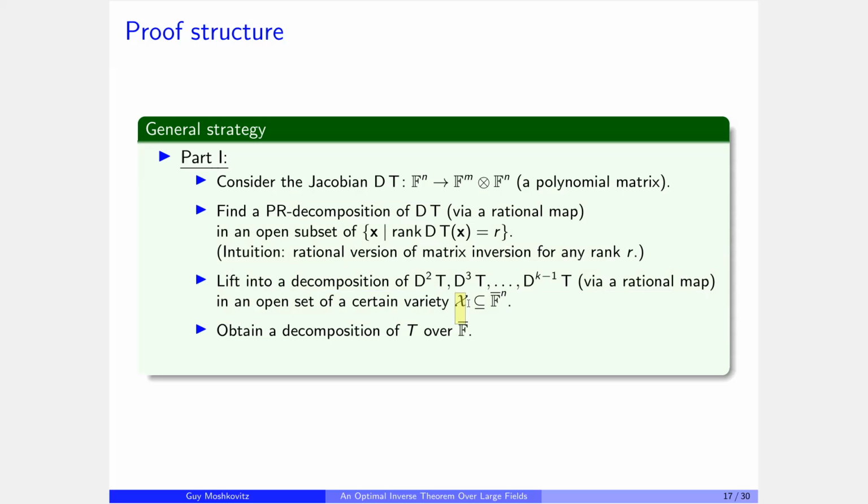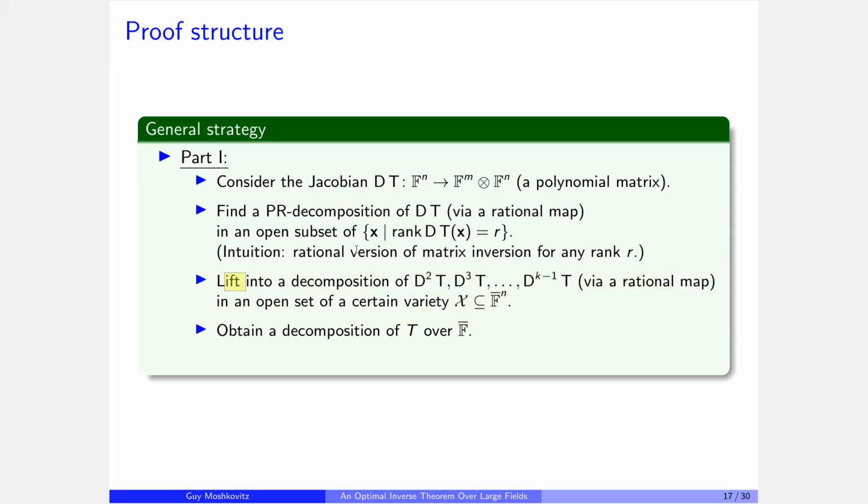A particular irreducible variety, let's call it X for a second, calligraphic X. And restricted to that variety, so if we're only talking about inputs that come from this variety, we are going to take this matrix dt from before and take iterated derivatives of it, total derivatives of it. So again, each time we're talking about, instead of a matrix, a 3-dimensional array, 4-dimensional array, etc. And this is the engine, what makes part one work, this lifting theorem.